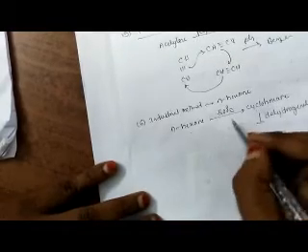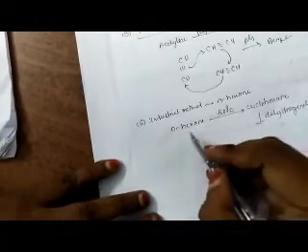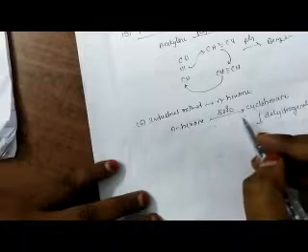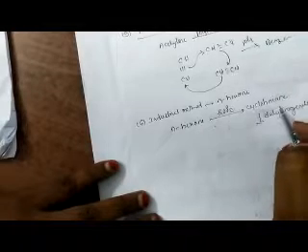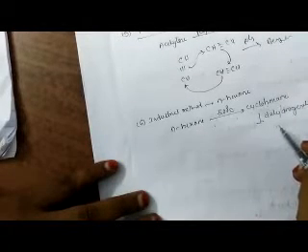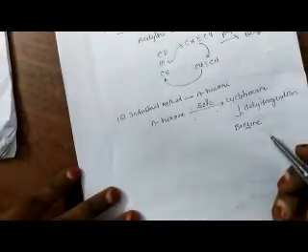On dehydrogenation of this cyclohexane, we will get benzene. This is the method generally employed in industries to prepare benzene in large quantities.